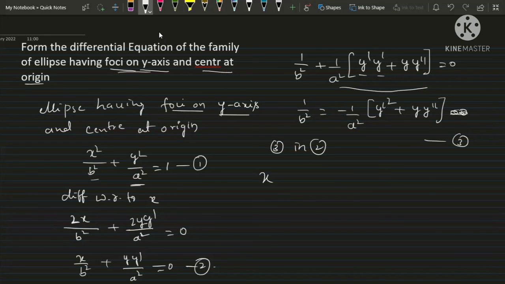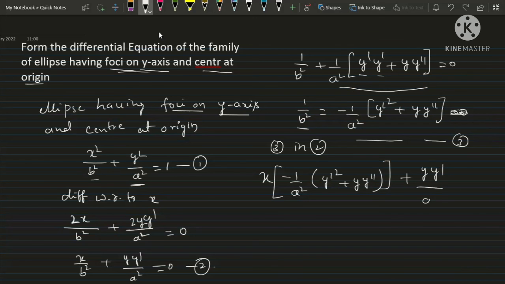Then x by b square, 1 by b square is nothing but this total term, minus 1 by a square, then y dash whole square plus y into y double dash, plus y into y dash by a square as it is, equal to 0.